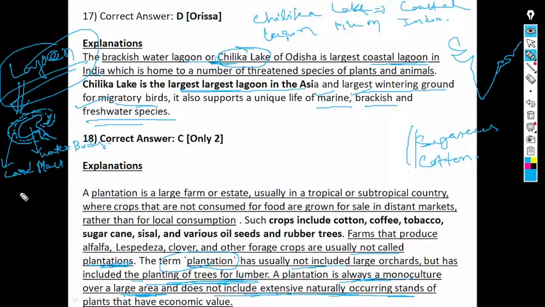So the land mass and water body, the water is surrounding it.